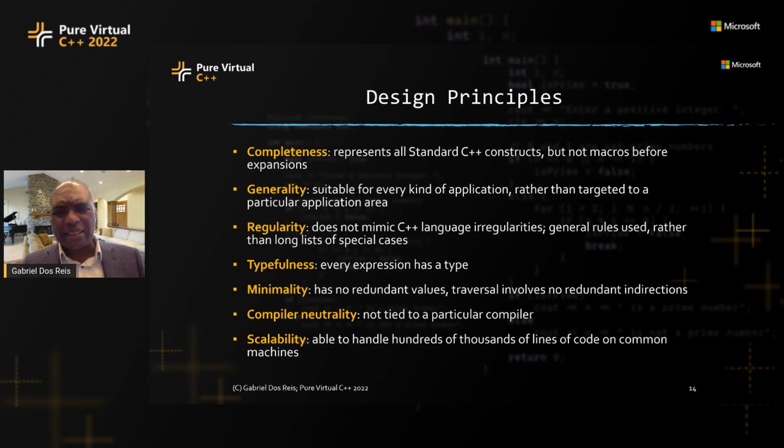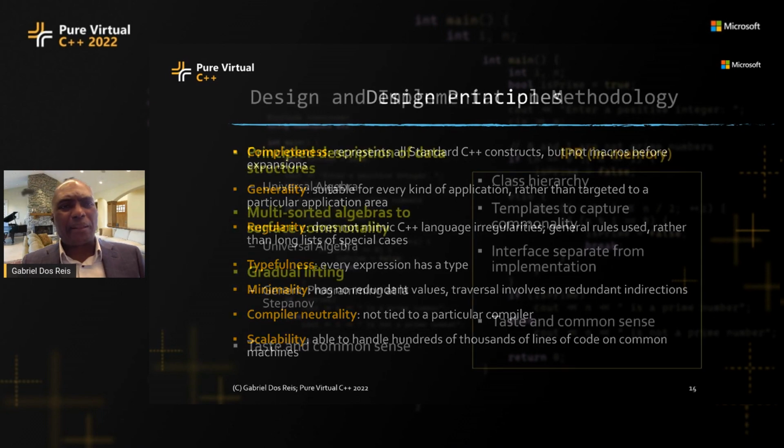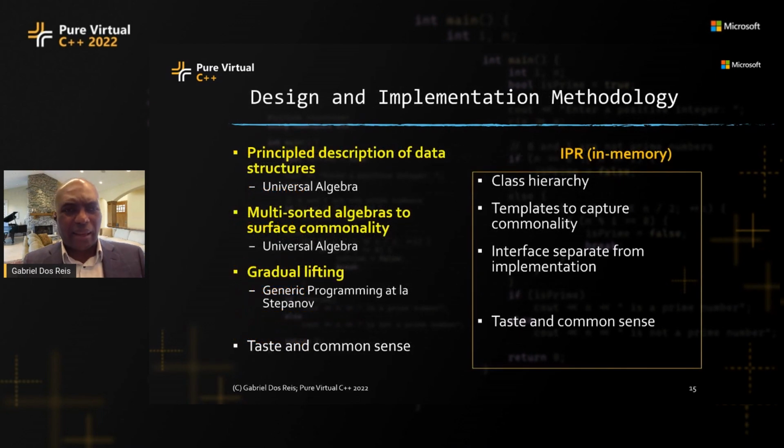To get this persistent on-disk representation, I took a lot of inspiration from work that I did with Bjarne Stroustrup about 15 years ago or more, called the IPR, which is the internal program representation, very imaginative naming. The idea with the IPR is that we have class hierarchies, we have templates to capture commonalities, and then we have interfaces that separate things.